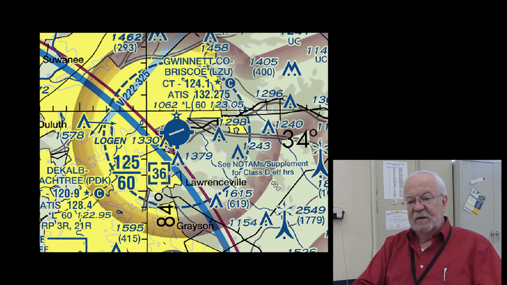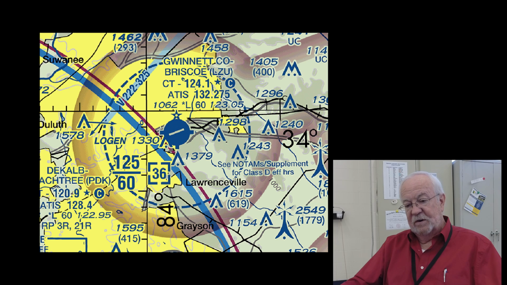Now here's the Class D airspace around Gwinnett County, Briscoe Field, northeast Atlanta. You'll notice there's a solid blue line. That's the edge of the Atlanta area, Class B, but then around Briscoe Airport there's dashed blue. That's Class D, and it goes from the surface up.